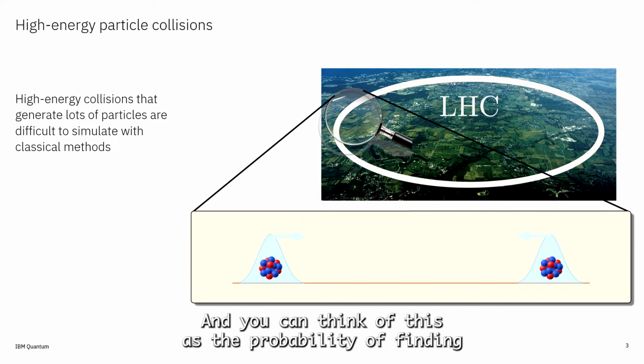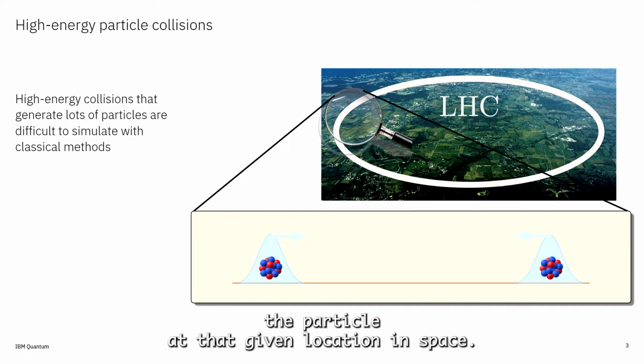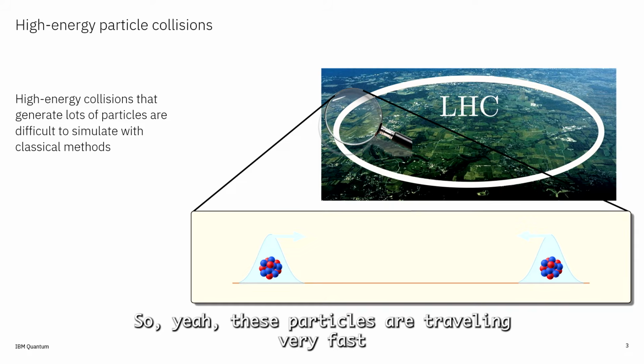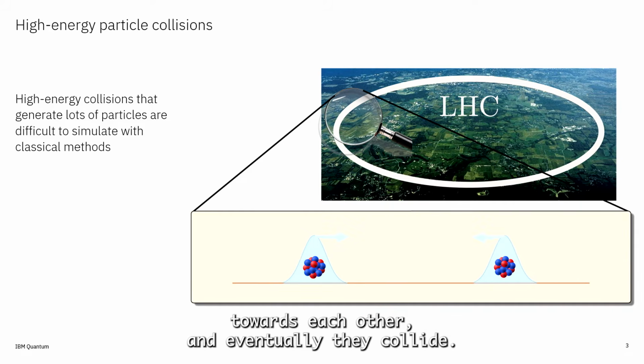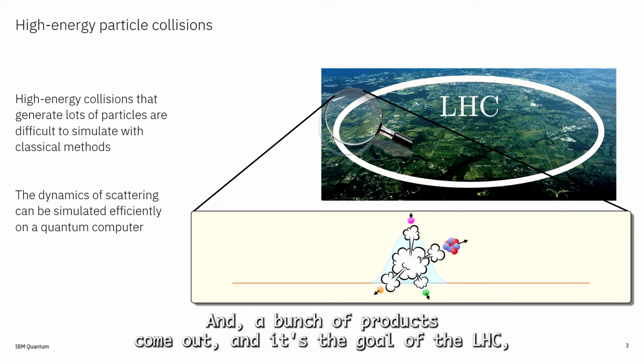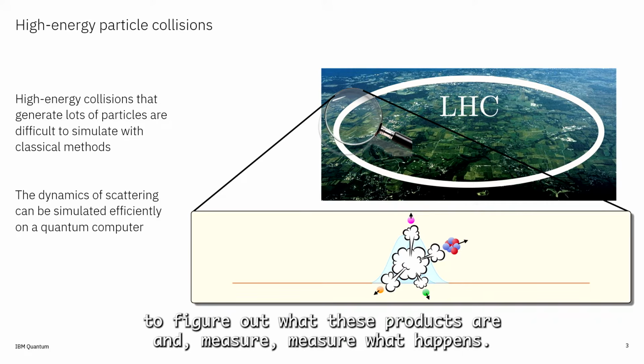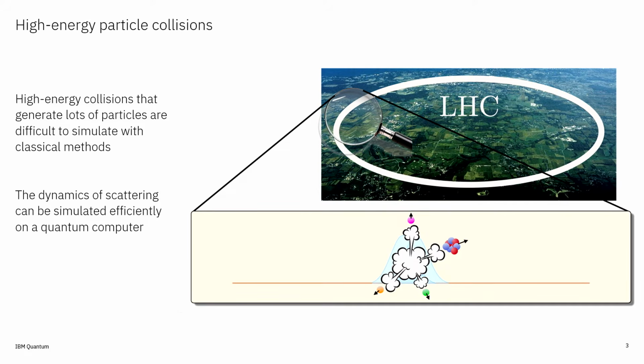You can think of this as the probability of finding the particle at that given location in space. These particles are traveling very fast towards each other, and eventually they collide, and a bunch of products come out. And it's the goal of the LHC to figure out what these products are and measure what happens.